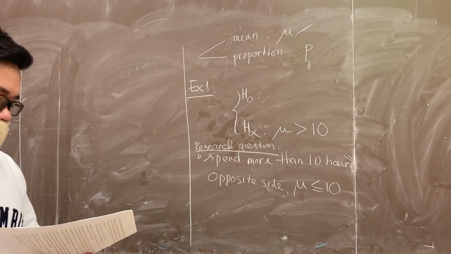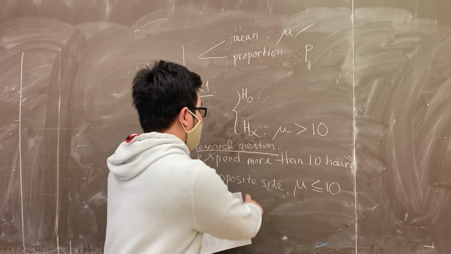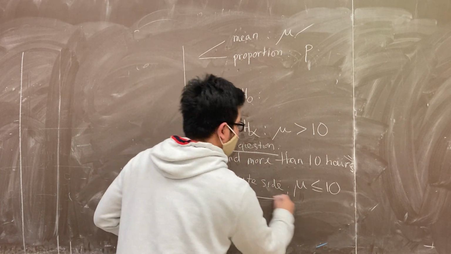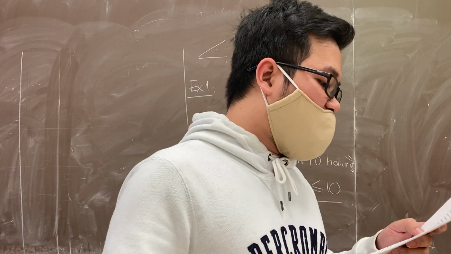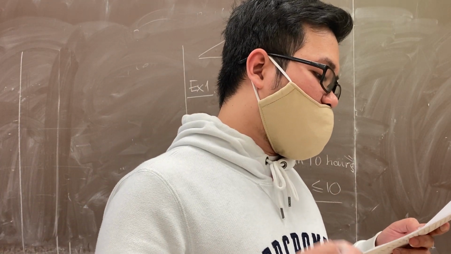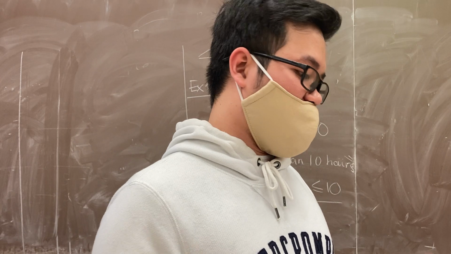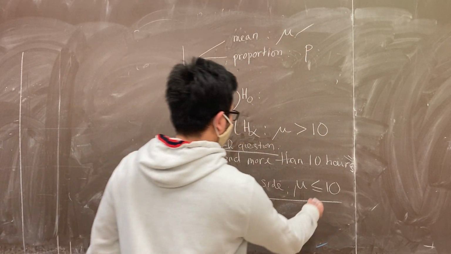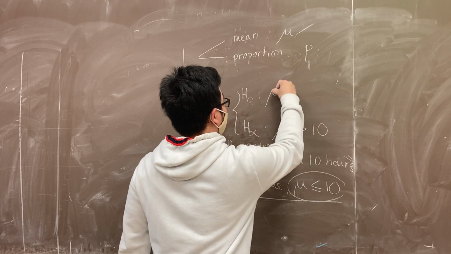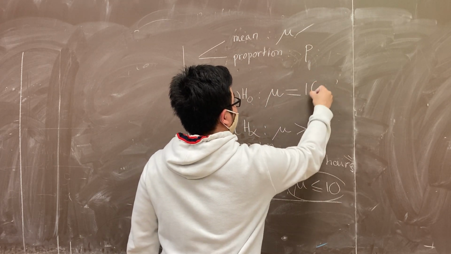That is the opposite side of this hypothesis. But you see that the null hypothesis is the mathematical opposite, and that's just one condition. The second one is it will always include equality. So mu here must be equal to 10, right?